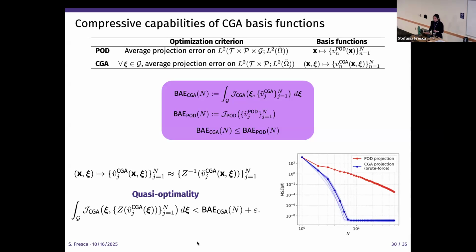So all this to say that CGA basis functions usually enable us to use a smaller number of basis functions with respect to POD modes in order to capture the variability of the solution manifold, and this enables us to use light architectures.